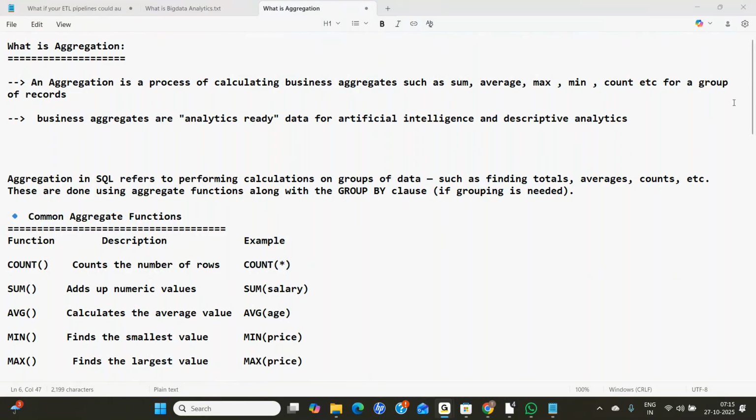For sum, we can either go with a group or the entire data. We can group it based on a specific value of a column, or we can calculate on the entire table, but it should be on numerical columns only. That is true.